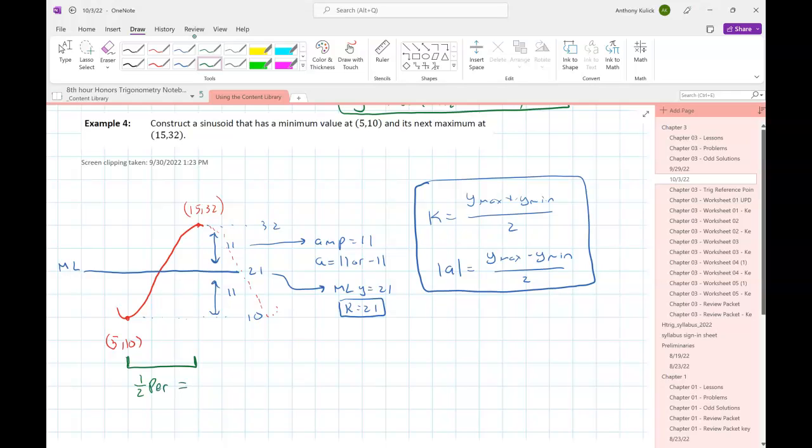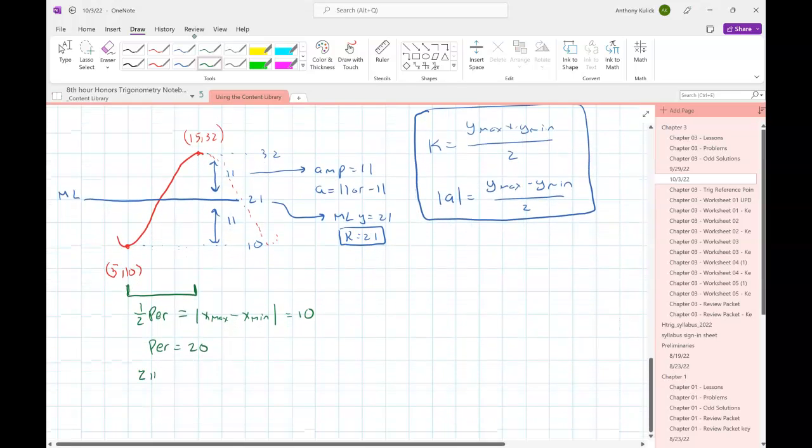Okay. And so how far is that horizontally? Well, just the absolute value of x max minus x min. So 15 minus 5 is 10. So one period then is how far? 20.